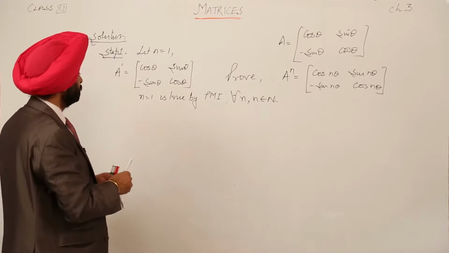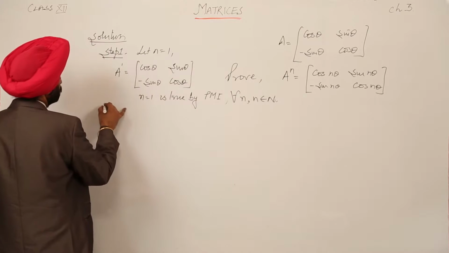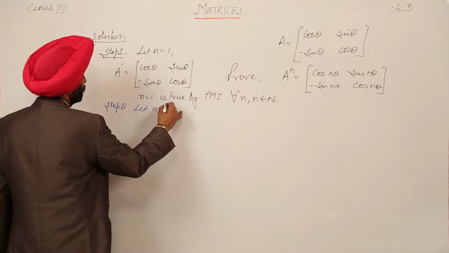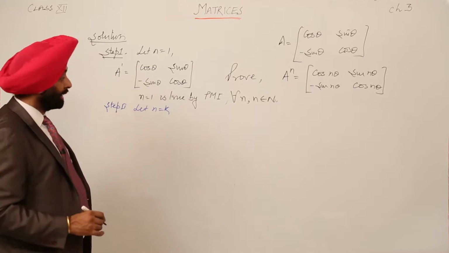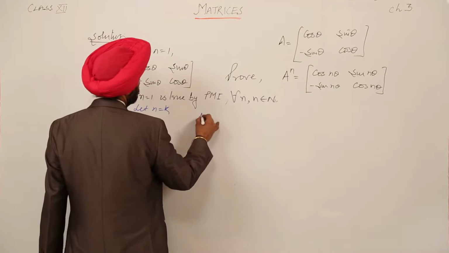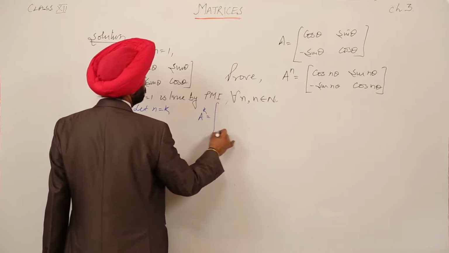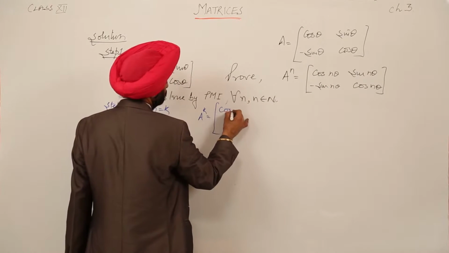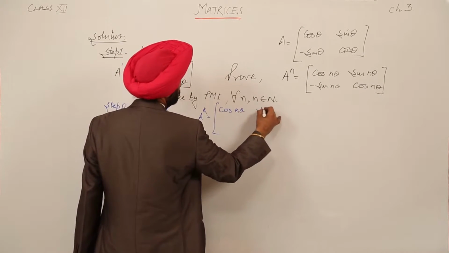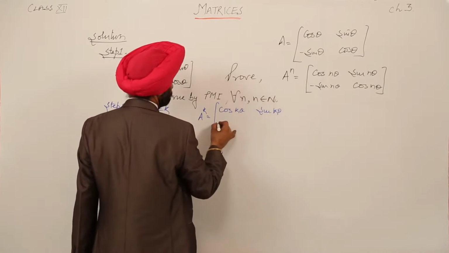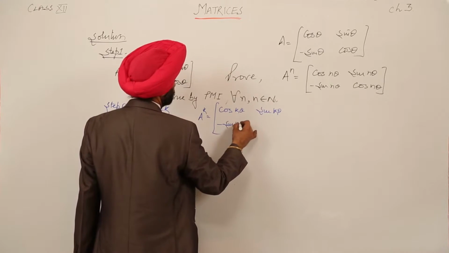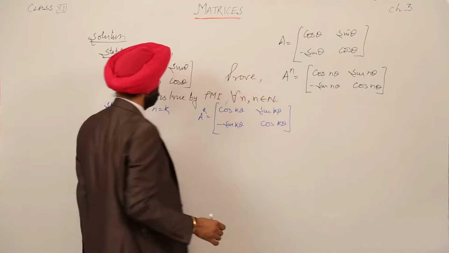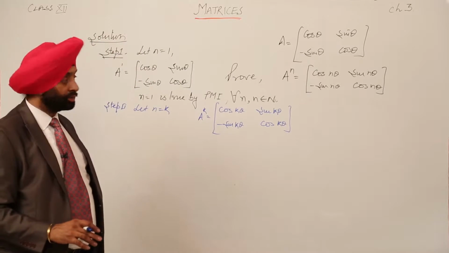Now, step number 2. Step 2, let n is equal to k. Now, putting n is equal to k, what we are getting? A raised to power k is equal to cos k theta, sin k theta, minus sin k theta and cos k theta. This is for n is equal to k.